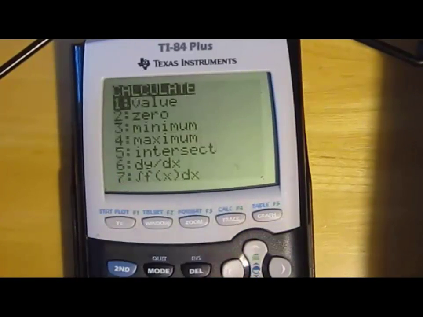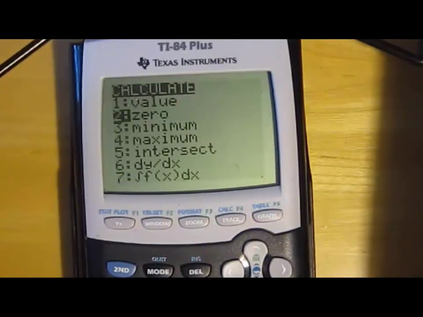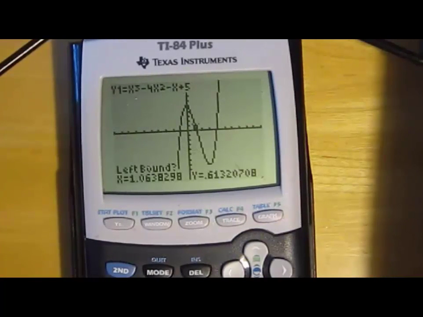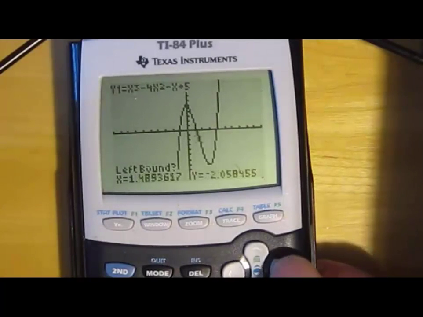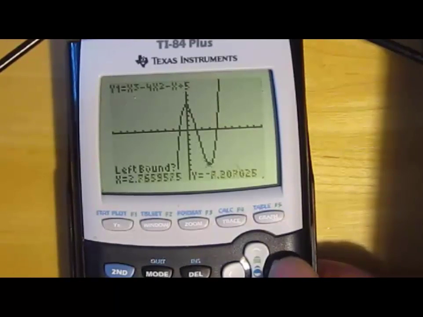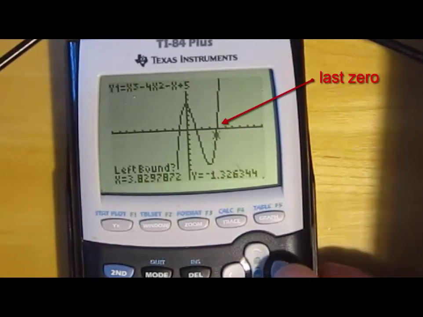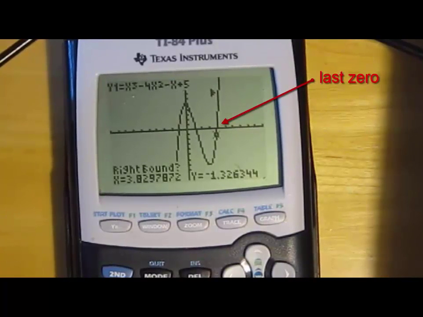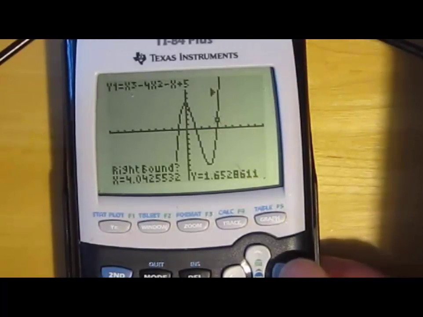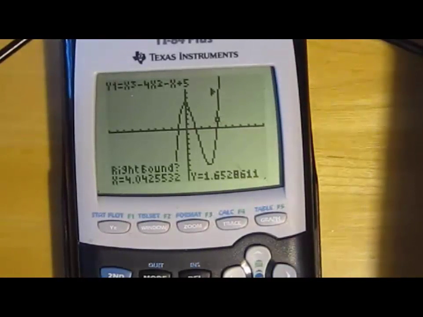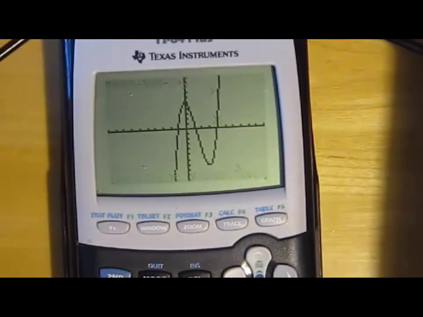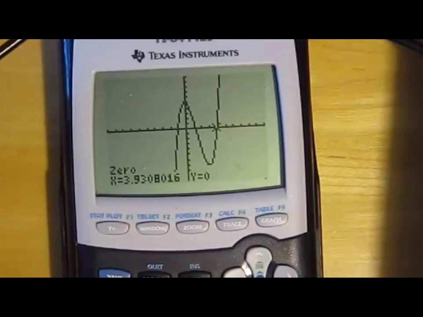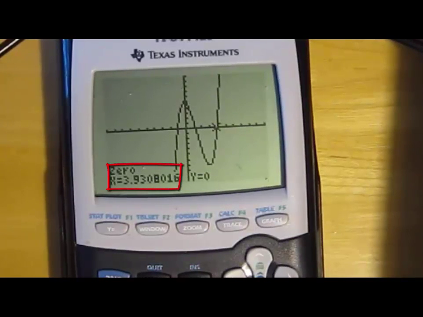Shift, calc, check zero again, enter. Then we move the cursor to the left of the last zero. Hit enter, which tells the calculator the left bound. Then they ask you the right bound. You move up to the right of the zero. Hit enter, guess, yes, hit enter. Then you find the last zero, which is 3.93.